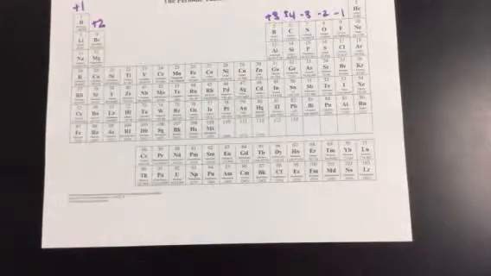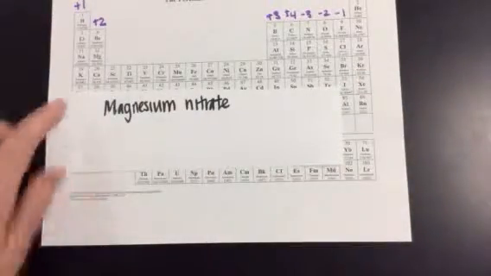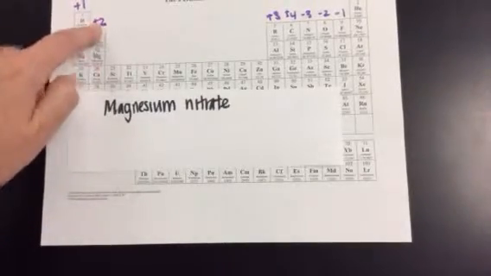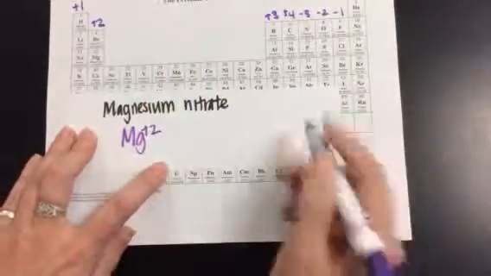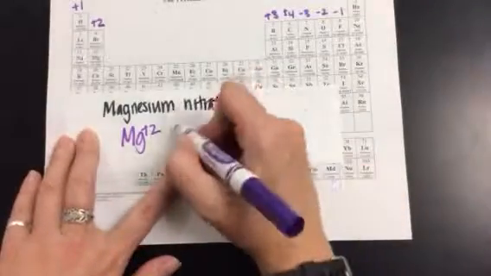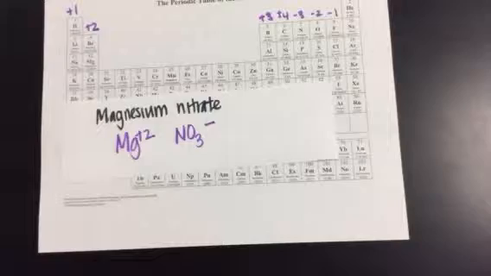For the last one, I have magnesium nitrate. Magnesium is right here on the periodic table in group 2. It has a +2 oxidation number, Mg +2. Nitrate, ATE, tells me that I have a polyatomic ion. My polyatomic ion is NO3 -1. So again, I'm going to swap and drop.